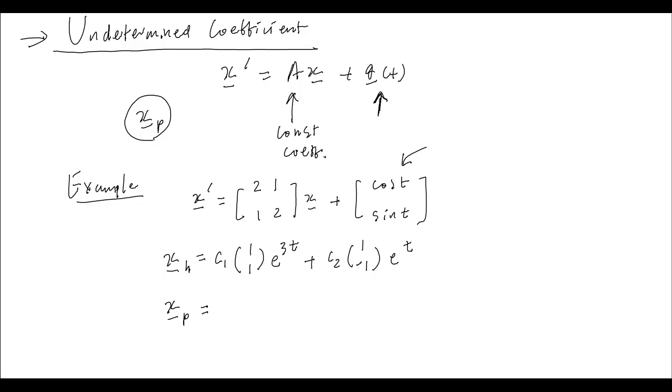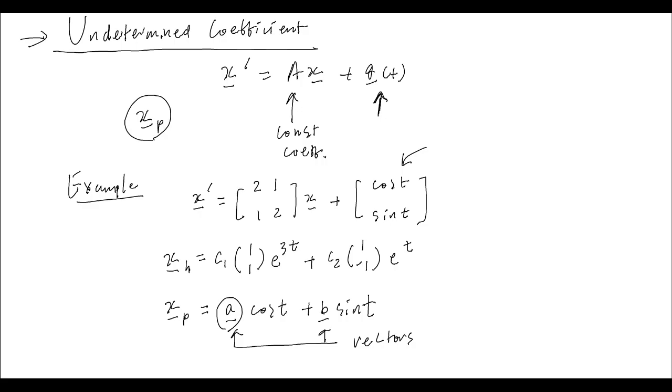So we write xp as a vector A cosine t plus another vector B sine t. And let's write it down again here. These are the vectors.